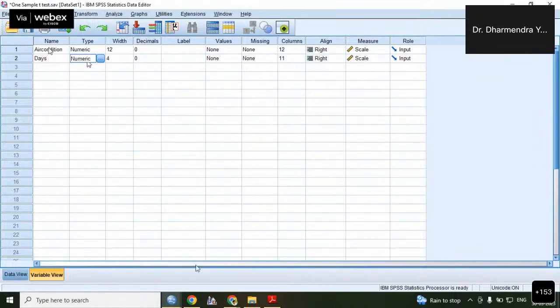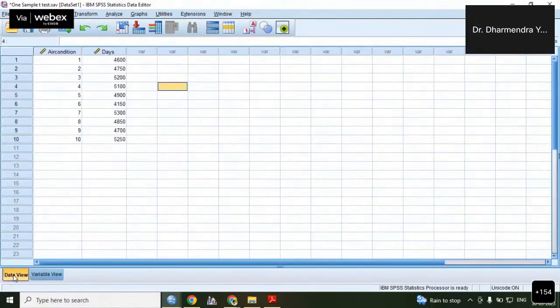So these two variables are there. And what is the data? This is our data, 1 to 10. These 10 air conditioners are there, and these are the number of days, right? Now we will perform the single sample t-test.